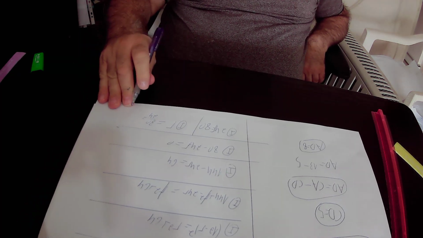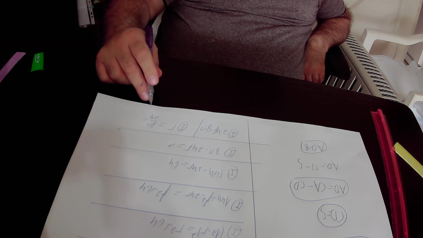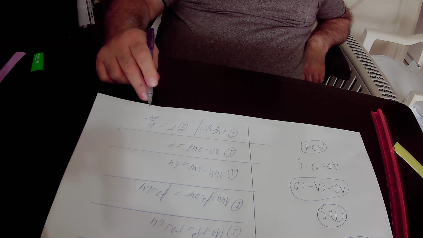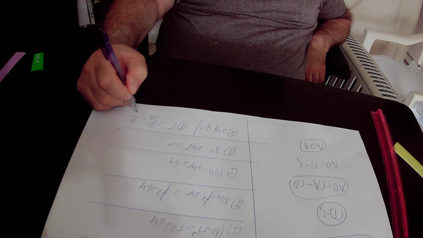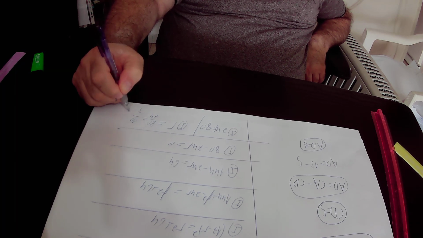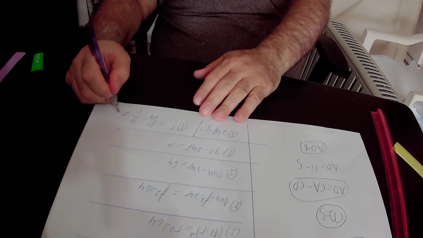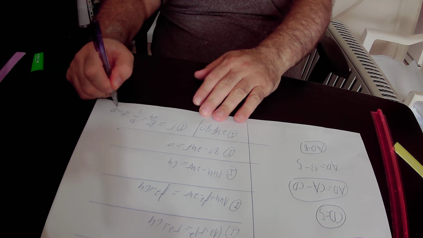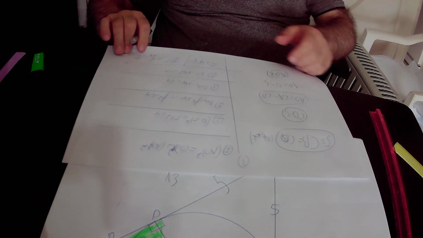Here we will divide both the numerator and the denominator by 8, and we will get that 80 over 8 is 10, and 24 over 8 is 3. So we found out that according to equation number 1, R equals 10 over 3 units. R, the radius of the semicircle, equals 10 over 3 units.